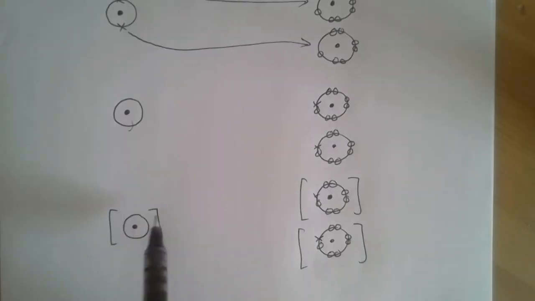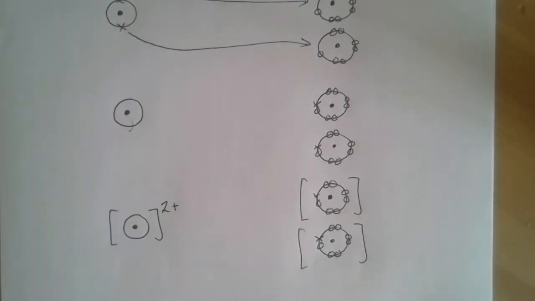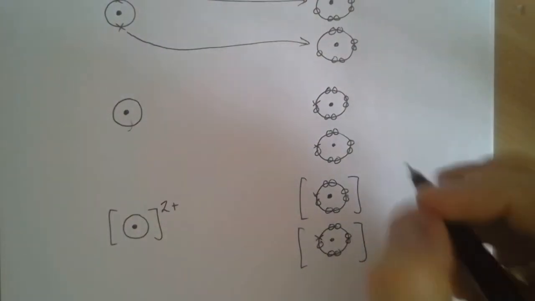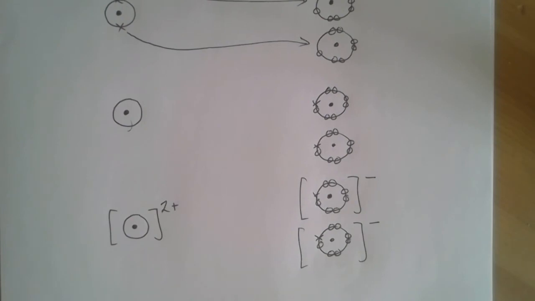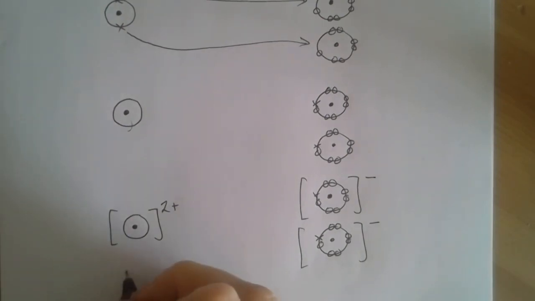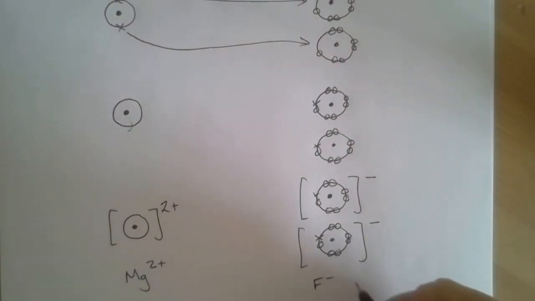So this ion was formed from an atom that lost 2 electrons, so it has a 2 plus charge. Each of these fluoride ions has gained an electron, so it has a negative charge. And we could write this as Mg2 plus and each of these as F minus.